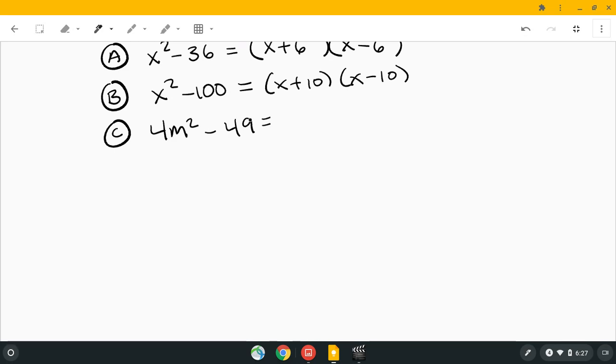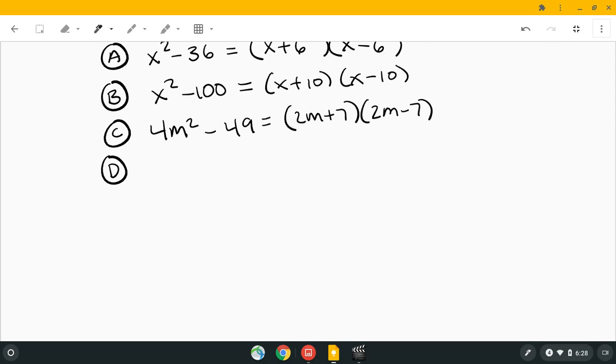And over here, 7 is being squared. So we're going to get 2m plus 7 and 2m minus 7. That's why it's important to first identify what is being squared here and here.